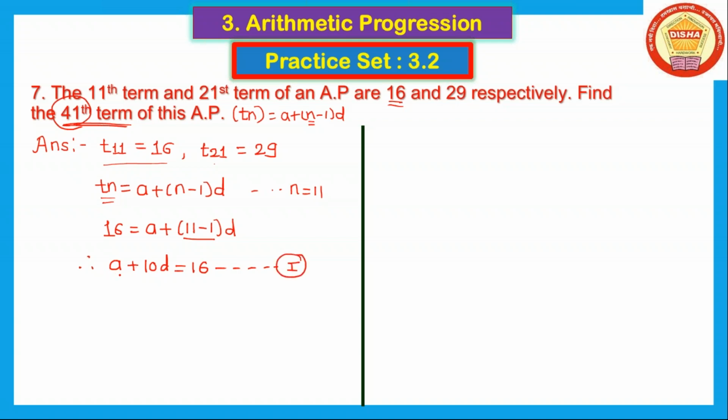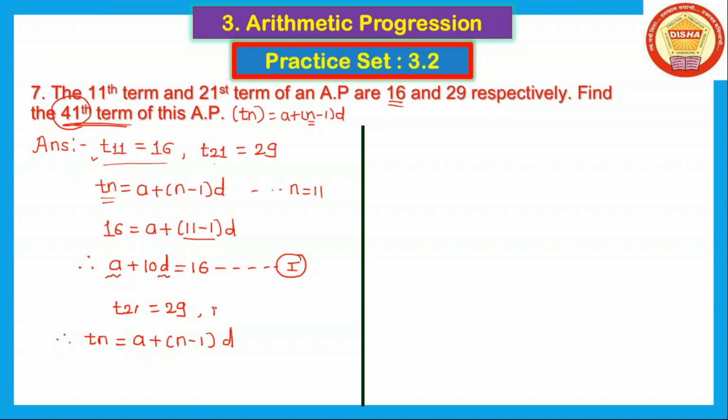See, in this equation, variable a is here and d is here. Means the given equation is in the form of a linear equation in two variables. Means from that first term we find one equation. Then we take T21 is equal to 29. So again we use the formula Tn is equal to a plus n minus 1 into d.